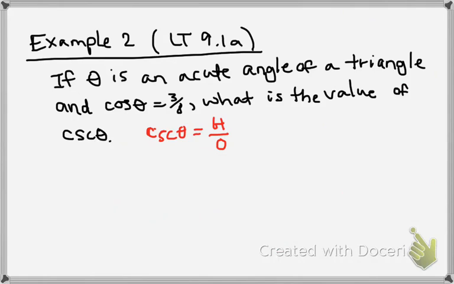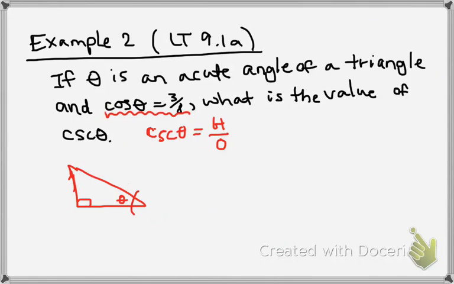So now what we're going to do is make ourselves a triangle using the information that is given. So I'm just going to draw myself a triangle. I'm going to put theta on here. So let's just say that theta is this lower angle. So this will be our theta down here. And then they tell us in the problem right here that the cosine is 3/8.